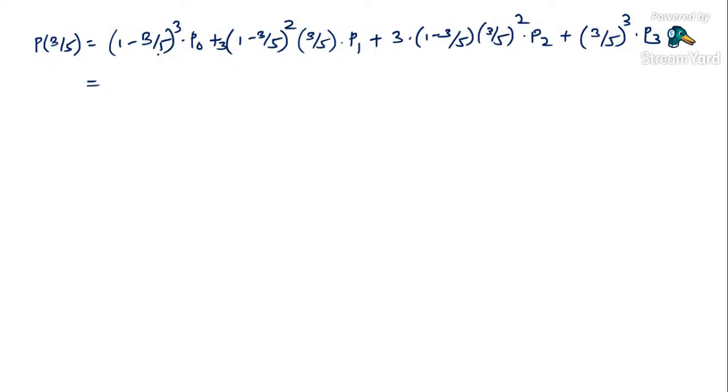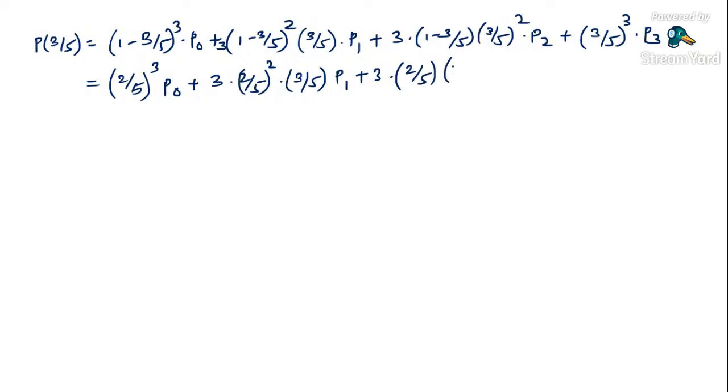Now simplify it: (2 by 5) cube P0 plus 3 into (2 by 5) square into 3 by 5 P1 plus 3 into 2 by 5 into (3 by 5) square P2 plus (3 by 5) cube into P3. So simplify it and calculate this value. Similarly, you can calculate for 4 by 5. So this is the procedure to calculate.